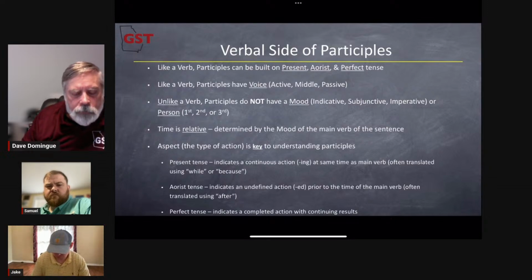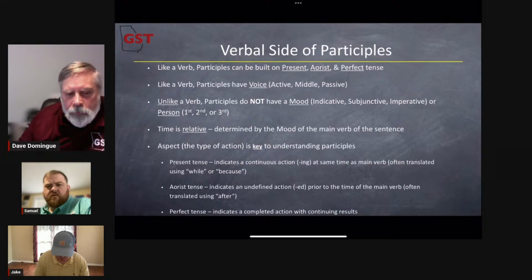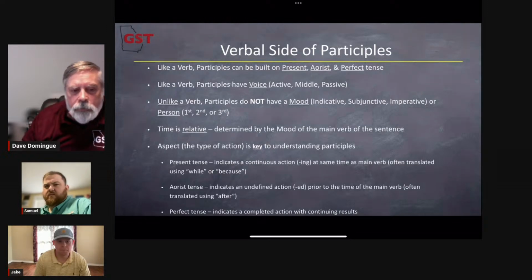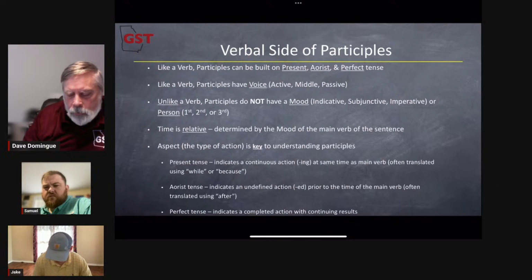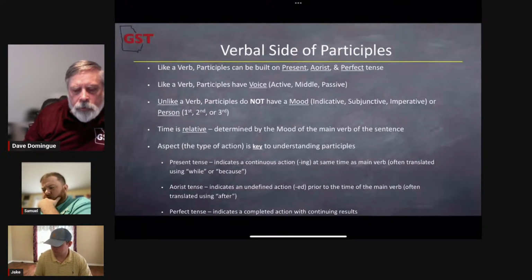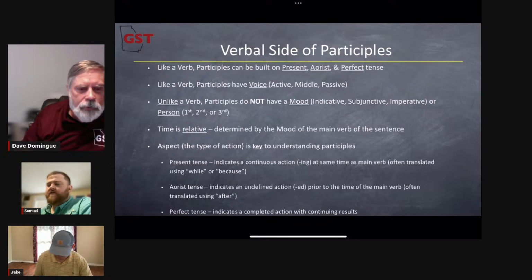Before, during, or after the main verb? After. Okay, it's in the present tense. Its aspect is imperfective, meaning it's ongoing. So we normally translate the participle with an ing ending, and the participle's time is relative to the main verb. It's not going to be after the main verb, then it'd be during. During, right? The present tense, right? Exactly. Okay, I understand what you're saying now.